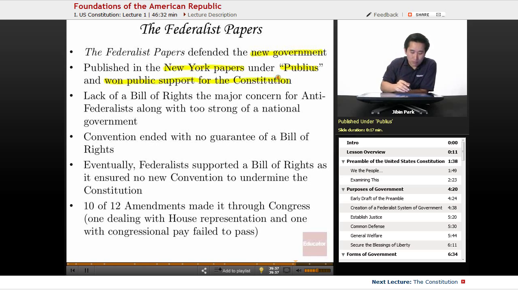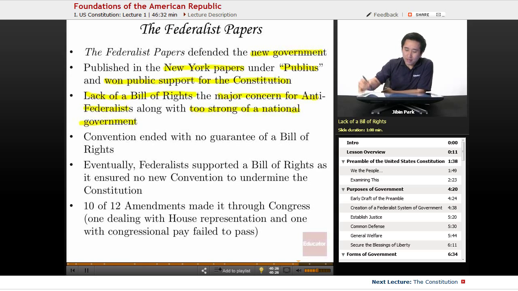The major problem was the lack of a Bill of Rights, and that was a major concern for the Anti-Federalists, along with too strong a national government. These were the huge concerns. The Constitution was signed maybe with the idea that there would be a Bill of Rights, but a lot of the founding fathers felt that the bills of rights that the states had were sufficient to protect individuals against too strong a central government.